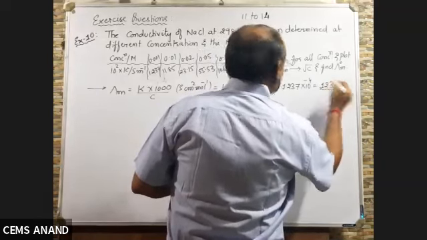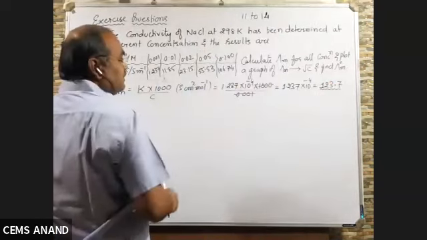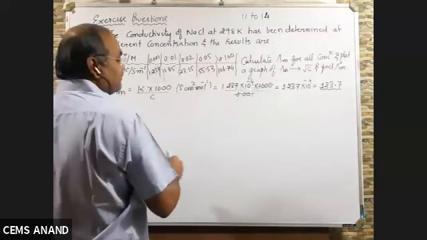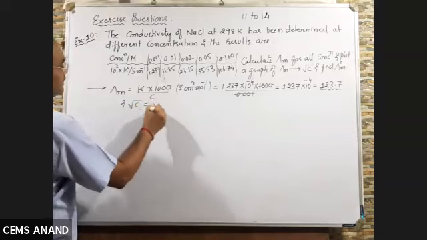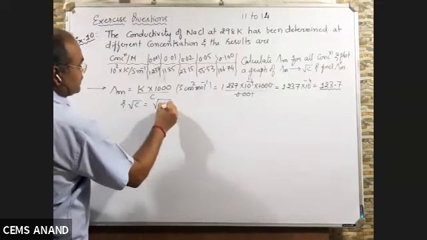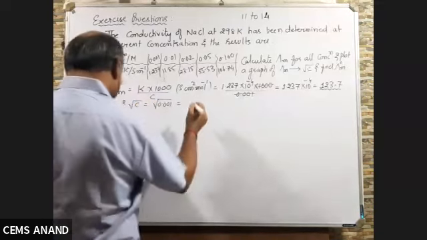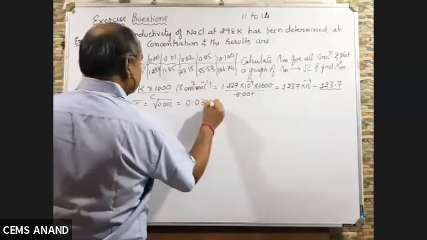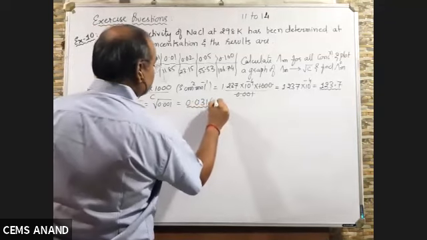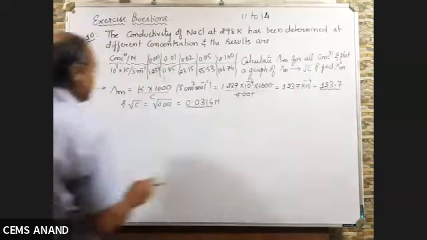This is your kappa, sorry, lambda m. And what will be the square root of C? Square root of 0.001 will be equal to 0.0316 molar. So these are your first values.